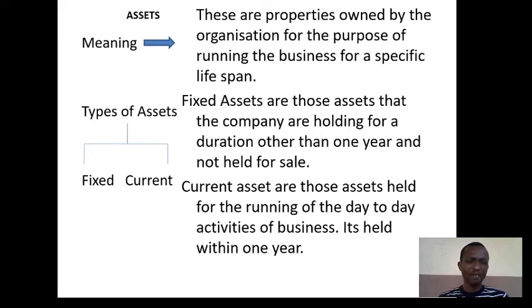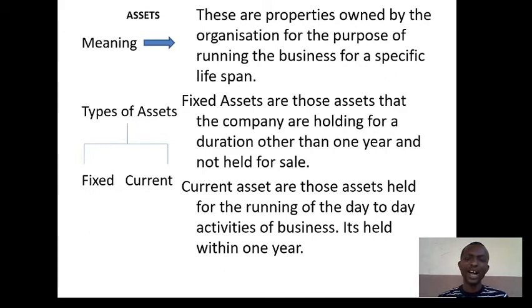The debtors you have at the beginning or middle of the year may not be the same debtors you have at the end of the year. Some will pay, others will come and buy and not pay. So it will continue to change until the day you are closing your account, say on 31st December 2015. Every debtor you have as at that day will be captured as your total debtors for that account.